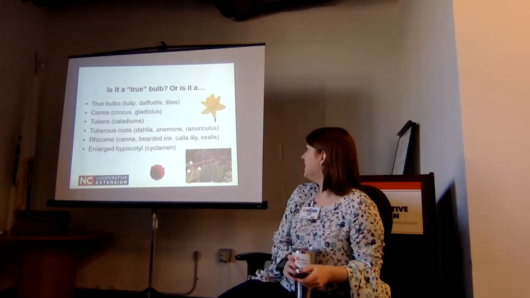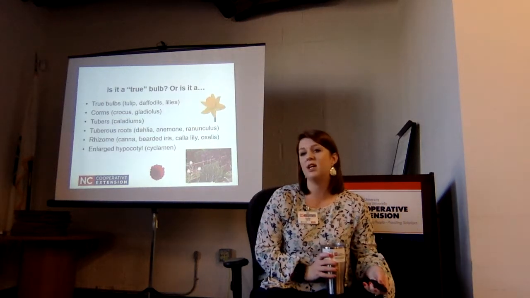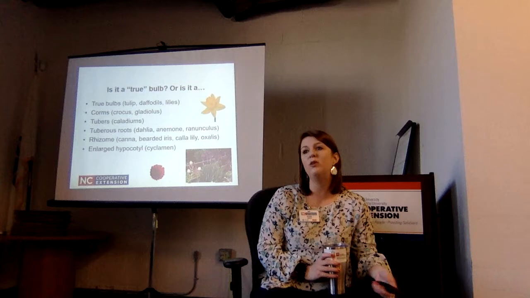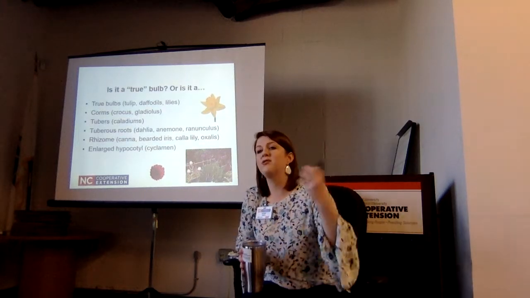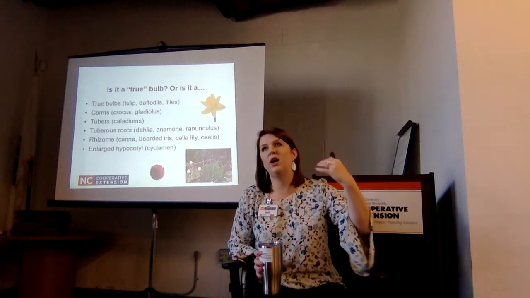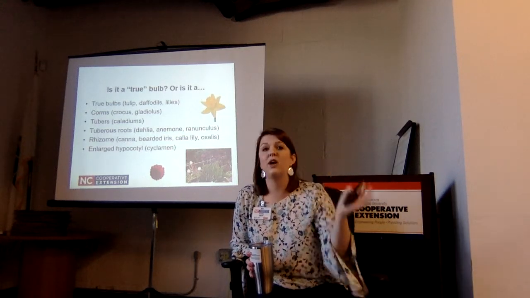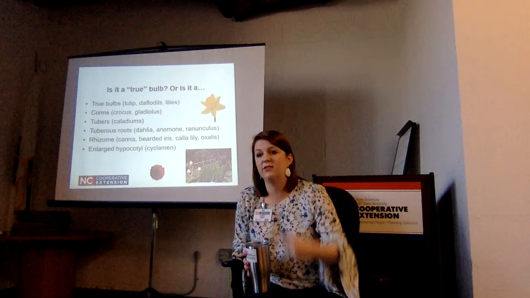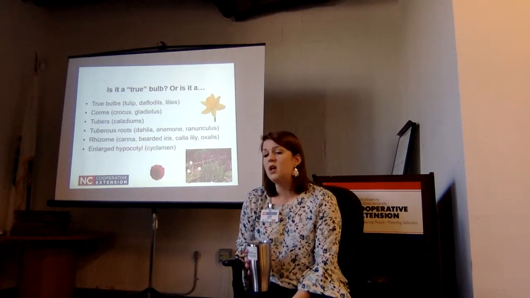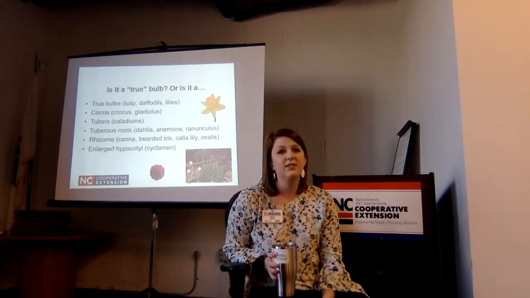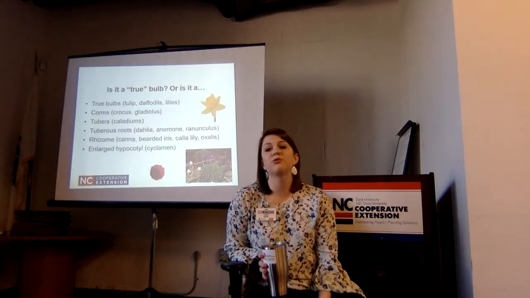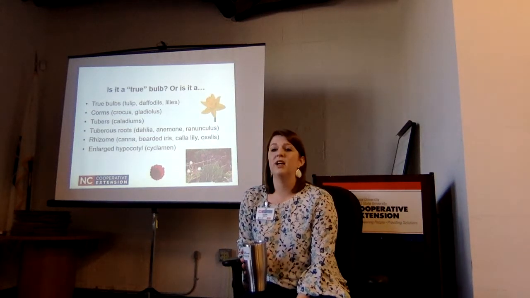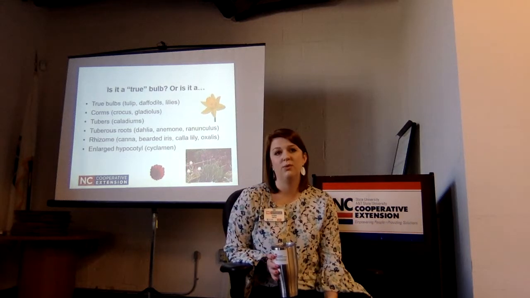And then wrapping up the last part about bulbs. Bulb is the general word that is used, but there are different types of bulbs that we all lump into this category. There are true bulbs, like your tulips and daffodils and lilies, and then you've also got corms, tuberous roots, rhizomes, and even an enlarged hypocotyl, which is your cyclamen.